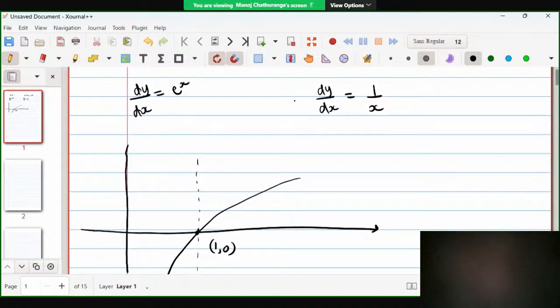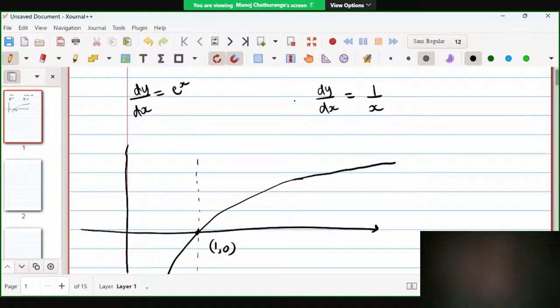According to the formula, as we increase x value, 1 over x decreases. So as we move forward along the graph, slope actually decreases. Function increases, but slope decreases.